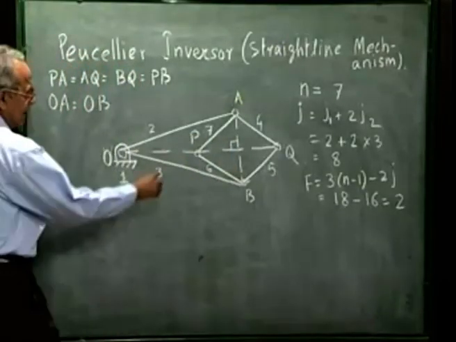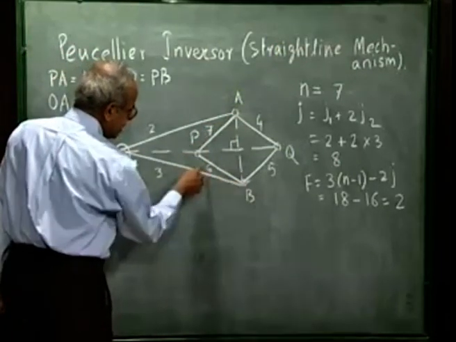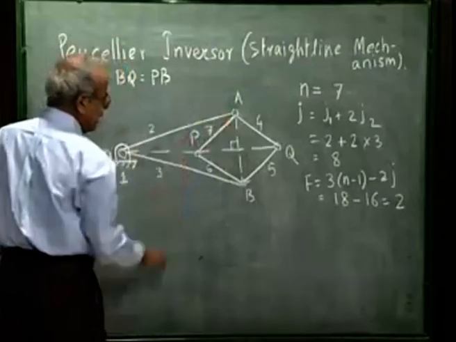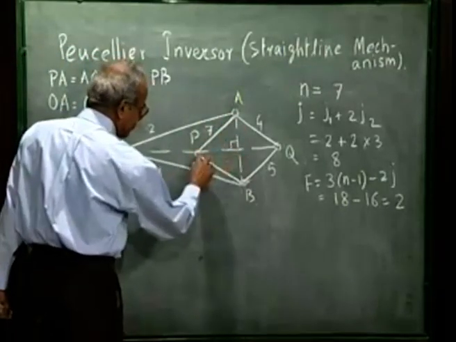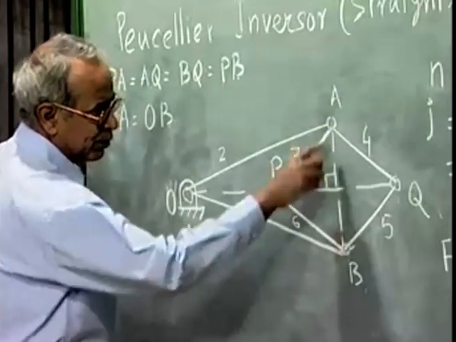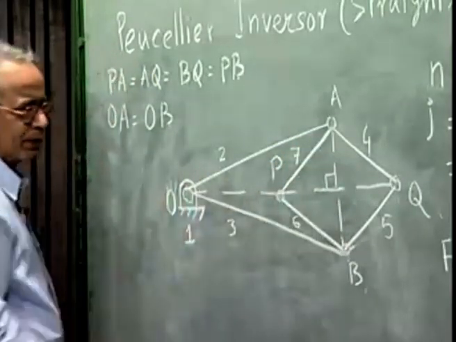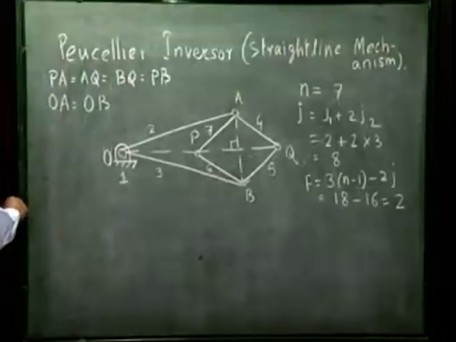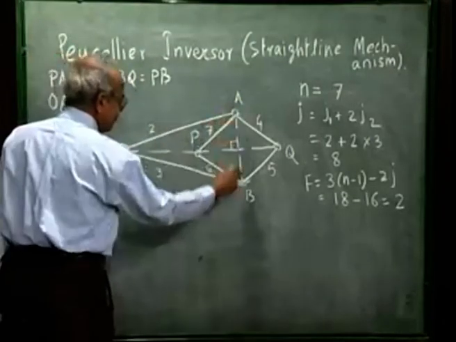Again, if I consider this APB, this is an isosceles triangle, because PB is equal to PA. So again, this perpendicular line must pass through P, because this is an isosceles triangle and this perpendicular to the base must be passing through the vertex. The same argument holds good for this isosceles triangle, namely OAB.